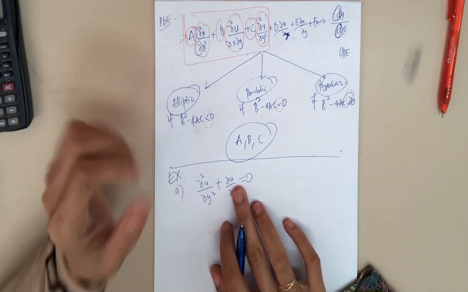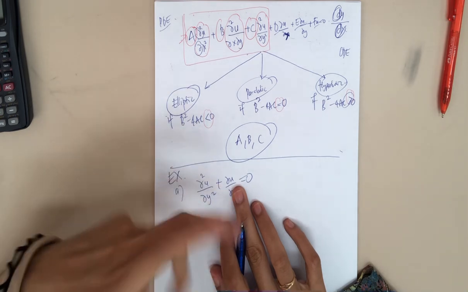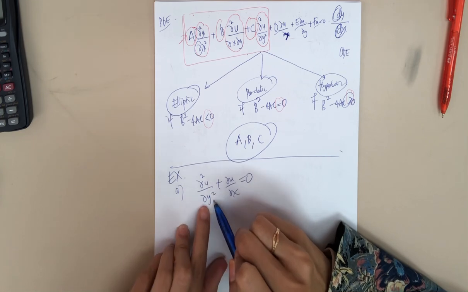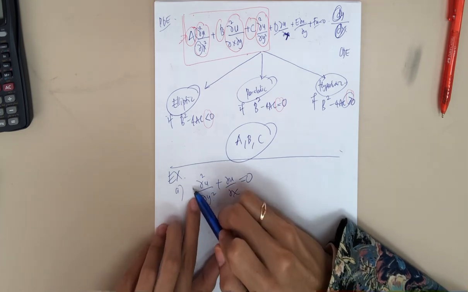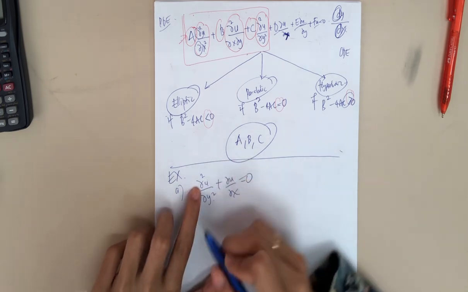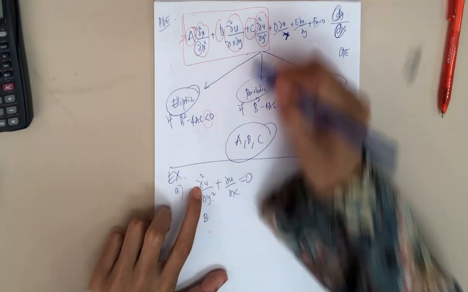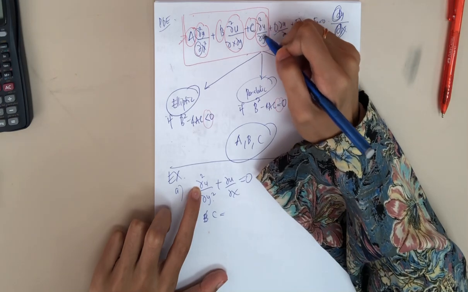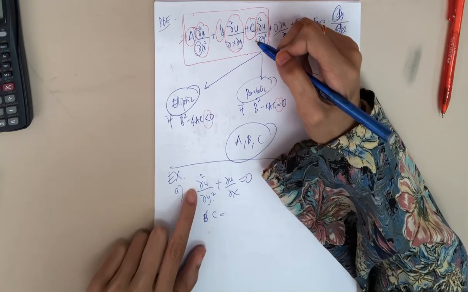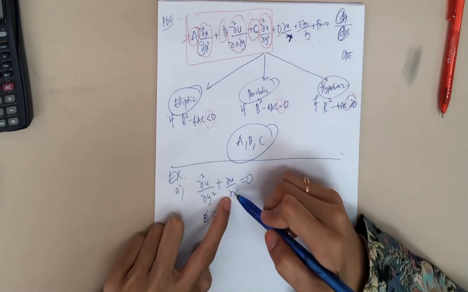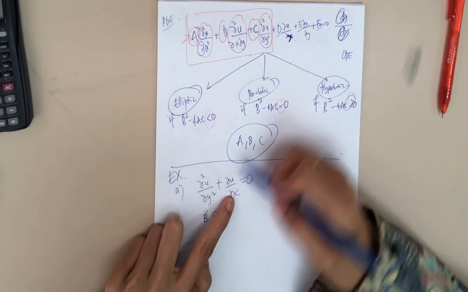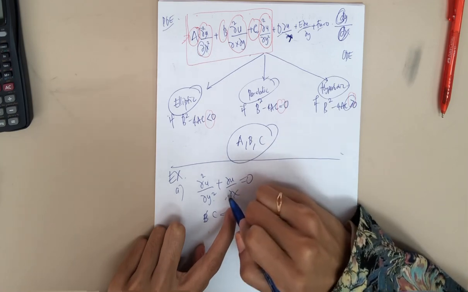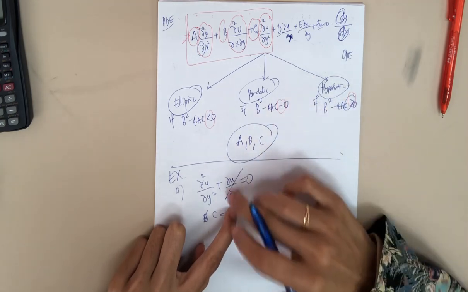You identify which terms consist of A, B, C. For d square u dy square, what is the scalar in front of it? It will be C. And how about du dx? That is D, so we don't want D. You just ignore this term.